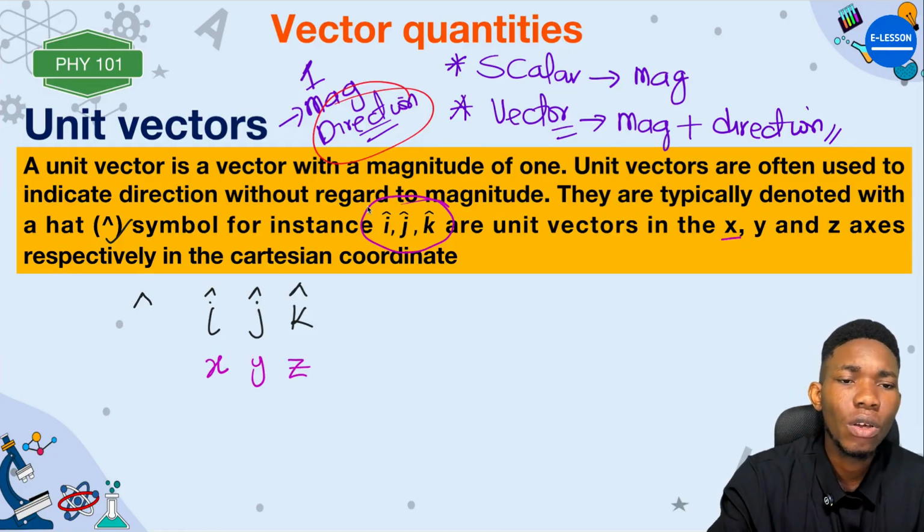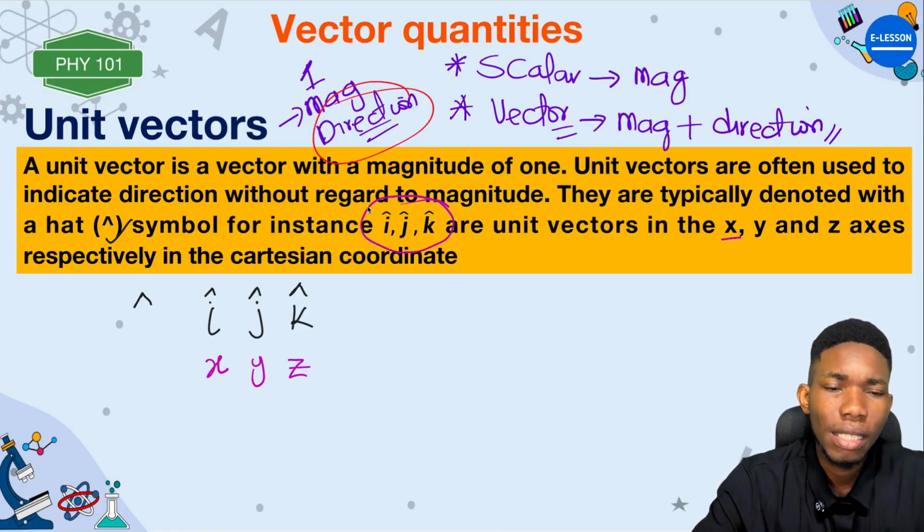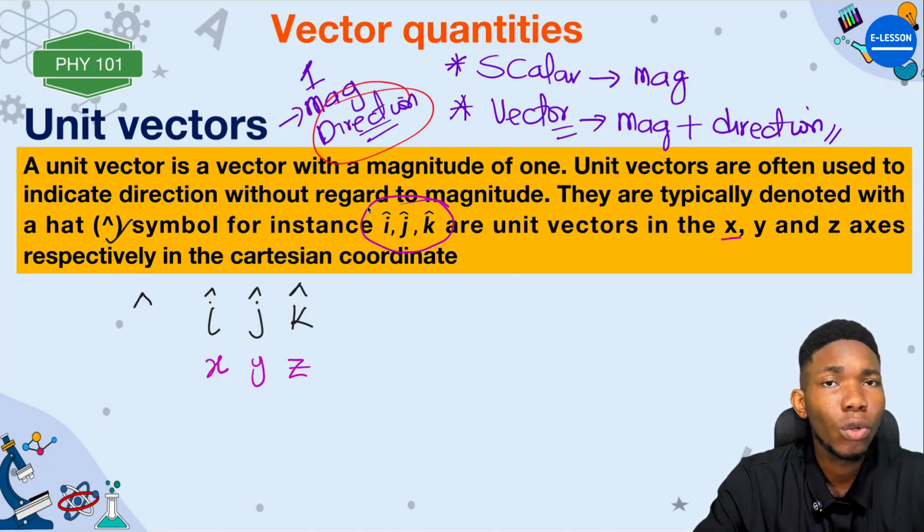So any vector that has a magnitude of 1 is a unit vector. Are you getting it now? So we say a unit vector is a vector that has a magnitude of exactly 1 unit. It is used to indicate direction only. All right? Because I said that vector quantities have both magnitude and direction.